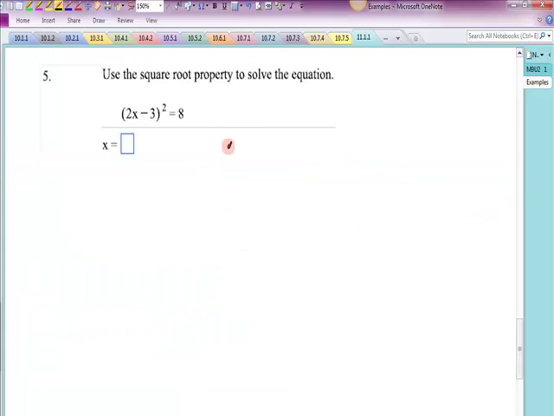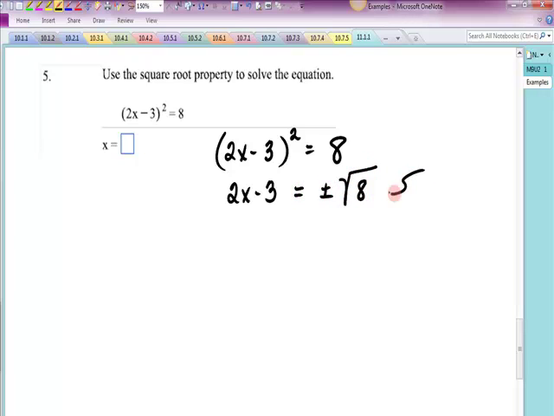All right, next one, I have 2x minus 3 quantity squared is equal to 8. Can I use the square root property here? Yes. It is something squared equals just a constant number. Take the square root of the left for 2x minus 3 is equal to, got to have plus or minus, the square root of 8. Can you simplify?